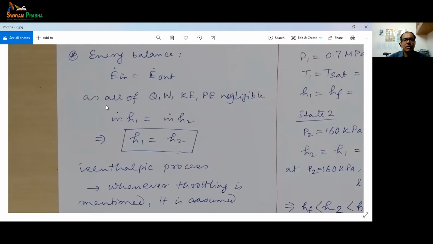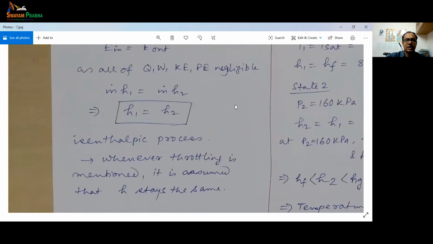As all of this Q, W, kinetic energy, potential energy are negligible as we discussed earlier, what we are left with is just the enthalpy. So m dot H1 will be equal to m dot H2. And mass is also the same, no extra flow is coming from anywhere. So what we see is that throttling means the enthalpy stays constant, H1 equal to H2.